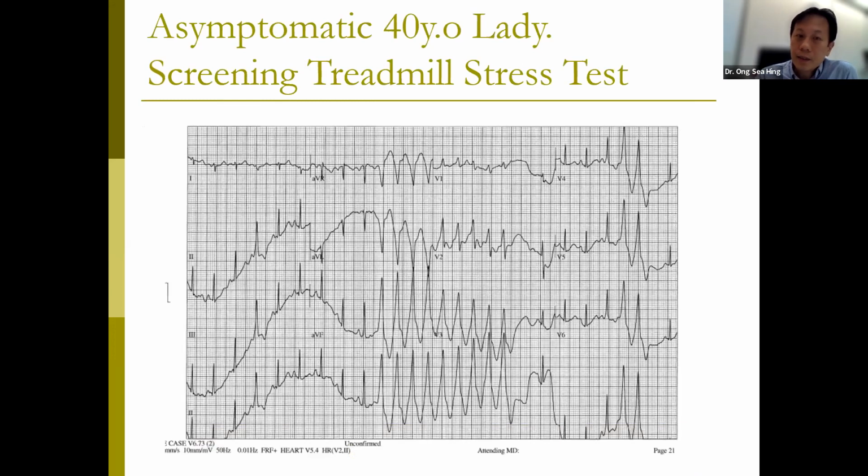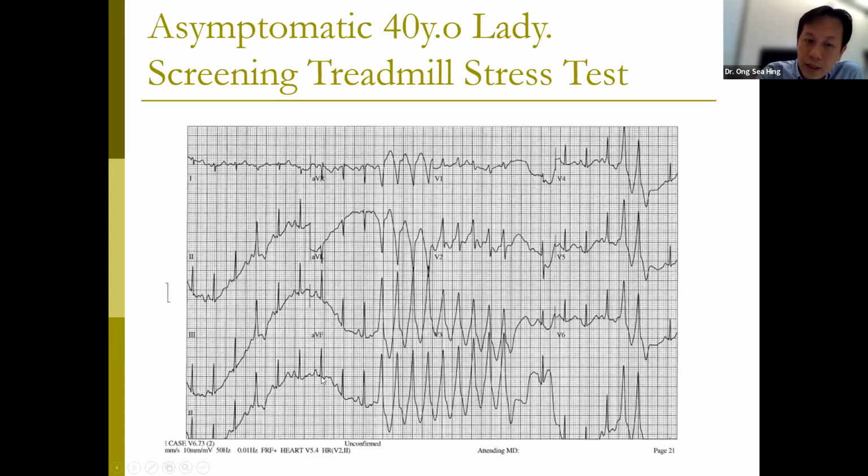Okay. This is a patient who saw me a few months ago. A 40-year-old lady went for a screening treadmill, and if you look at her treadmill, she goes into this kind of non-sustained ventricular tachycardia quite often during the treadmill. She's totally asymptomatic. She has never fainted before. She has never had palpitations before. And it only happens when she exercises. Okay. So if you look at the pattern of the VT in V1, it's also right bundle branch.